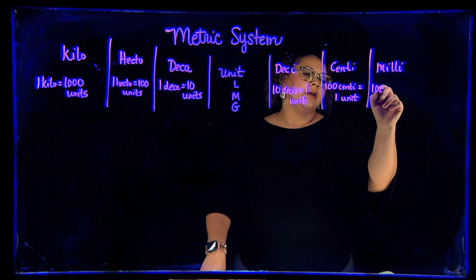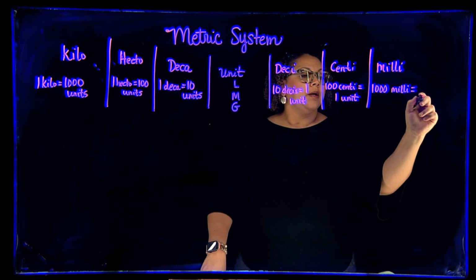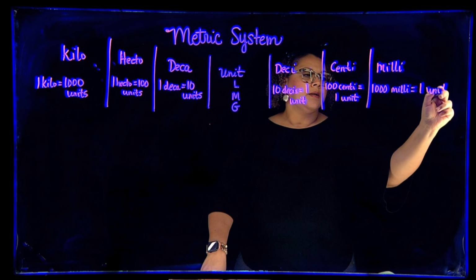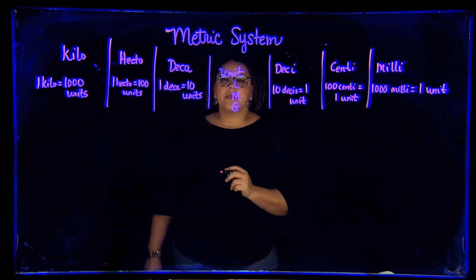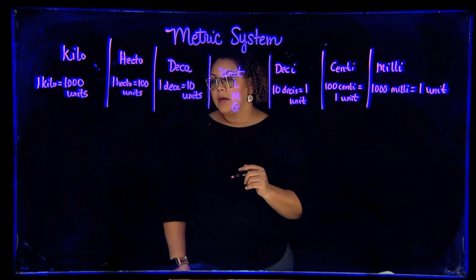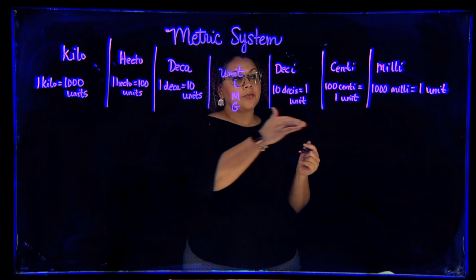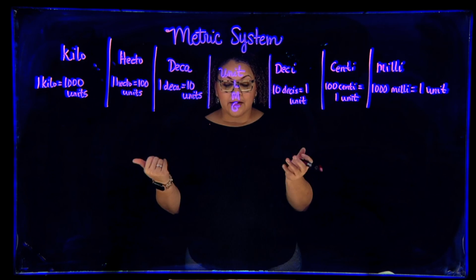And in milli, there would be 1,000 milli in whatever the unit is. And so a quick rule of thumb is as you are moving to the left, we are dividing by a factor of 10, and as you move to the right, we are multiplying by a factor of 10.